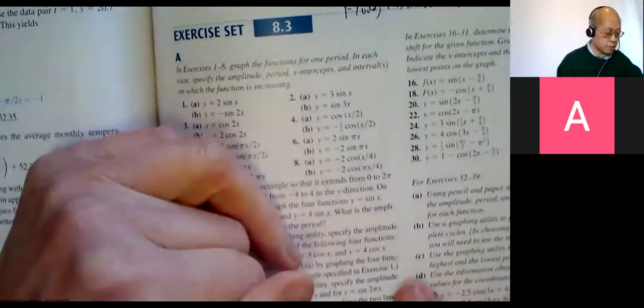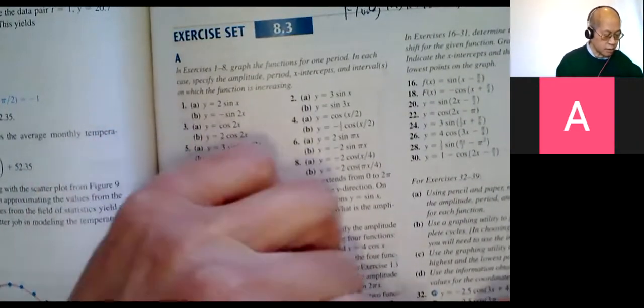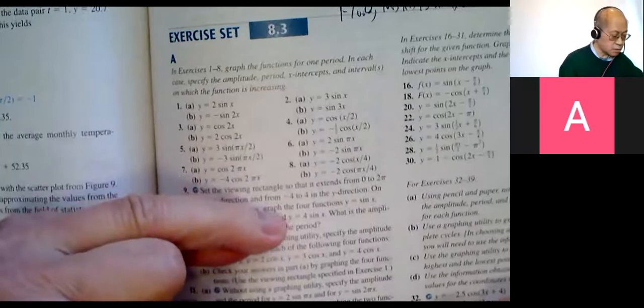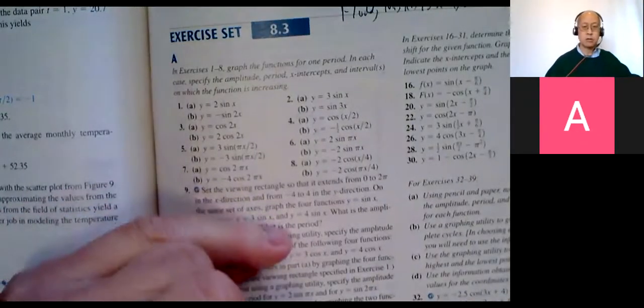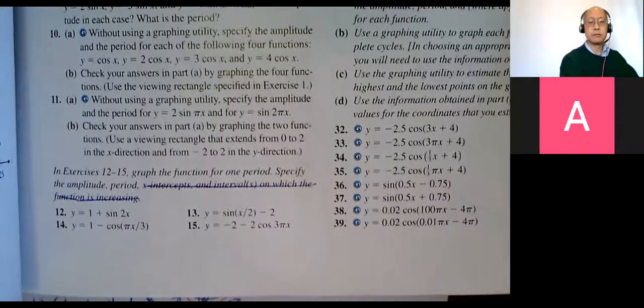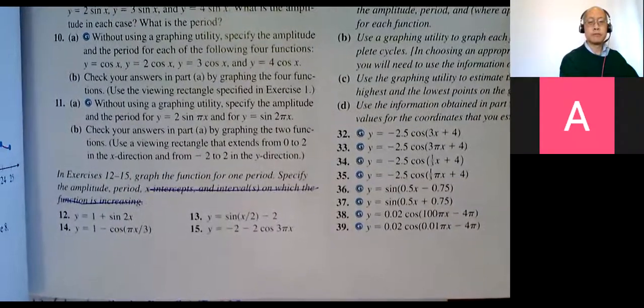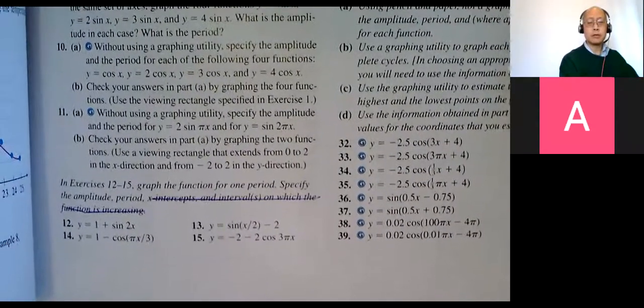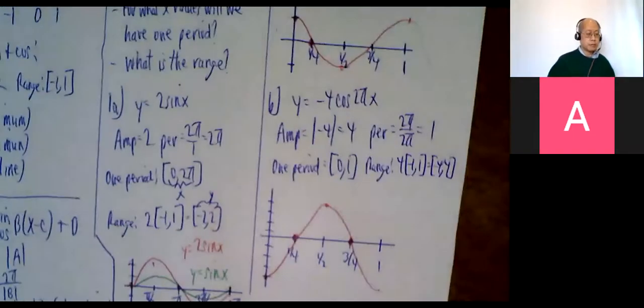I do want amplitude and period. Let's not worry about this. This kind of clouds the issue. I'm not going to worry about that. Okay, so I'm going to do 13 right now.